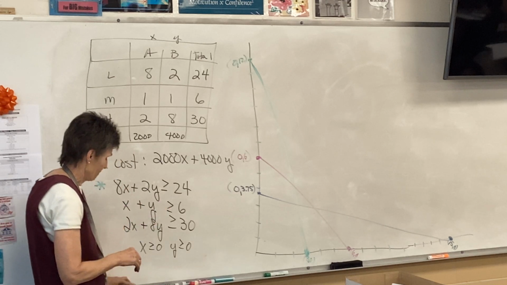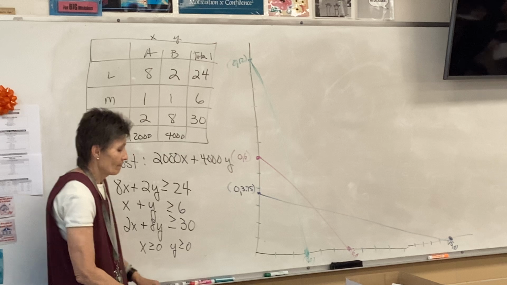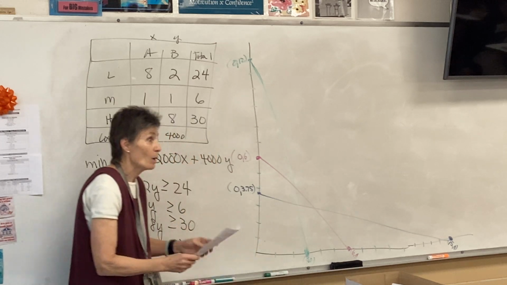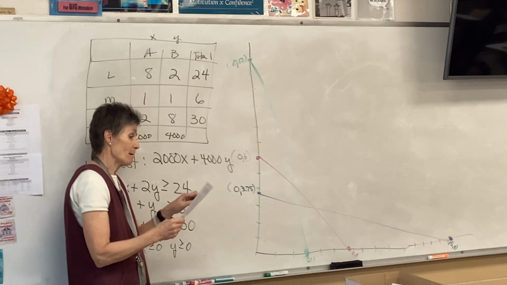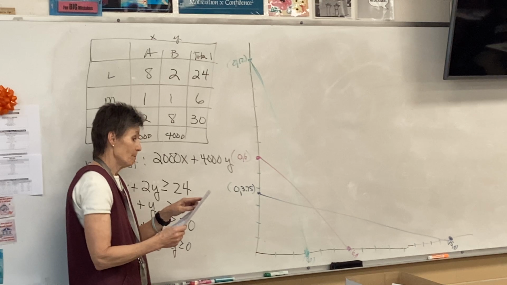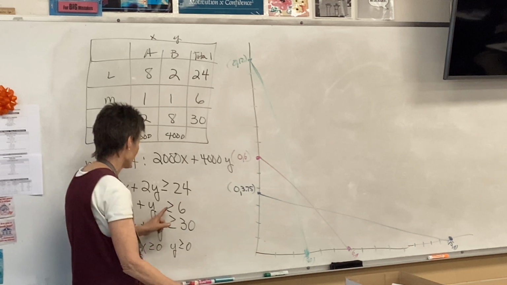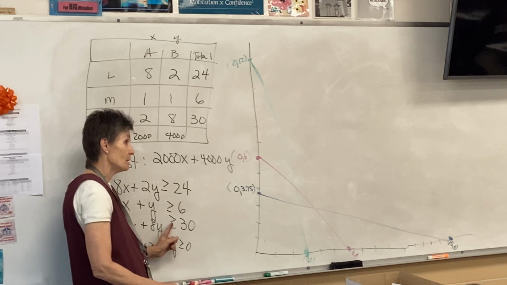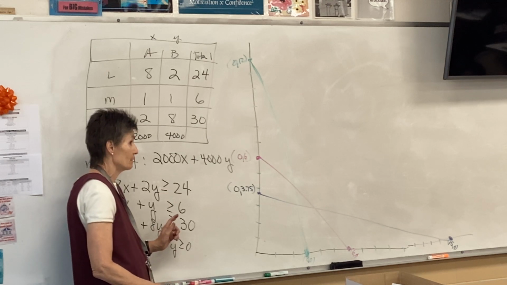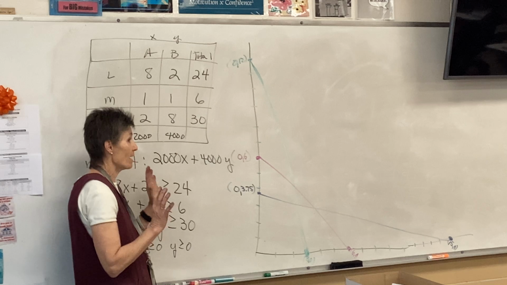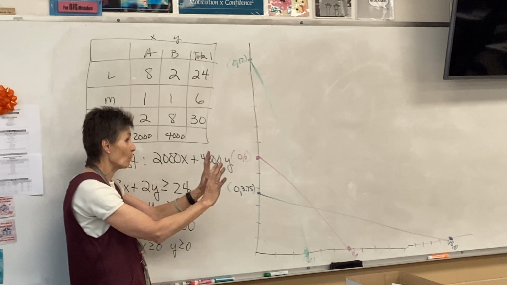So is there anything in that little region? Where are we shaded? I'm going to read my problem again and make sure. But I need 24 tons, I need 6 tons, I need 30 tons, so these are all greater than or equal to. So where are they all shaded? Every single one of those is shaded that way.